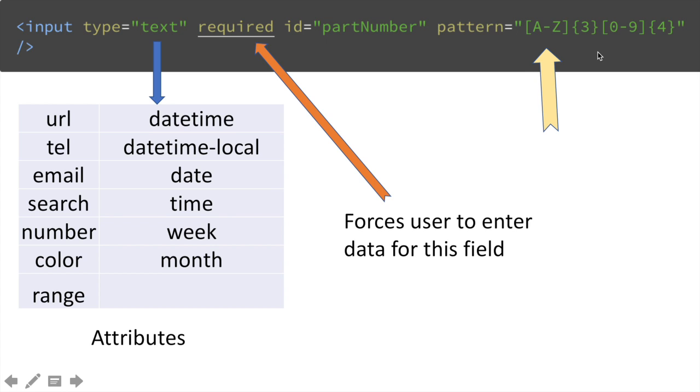So this is good when you want the data to be entered in a specific format. For example, in HCT, the student ID starts with an uppercase H and then 2 or 3 zeros, and then some digits at the end. So you want to force the user to enter the data in the right format, so you can use the pattern in this case.